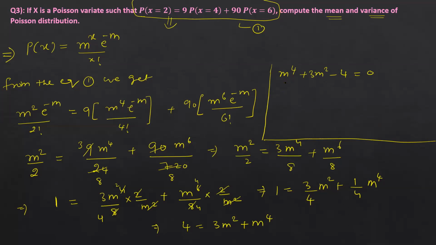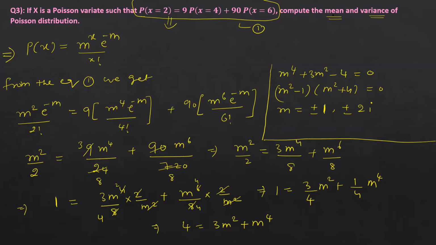You can easily factorize this. You have m power 4 here and 4 here. So straightforward, this is m square minus 1 into m square plus 4 is equal to 0. So here you will get m is equal to plus minus 1 and plus minus 2i.